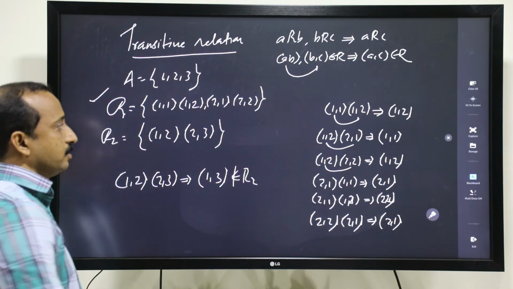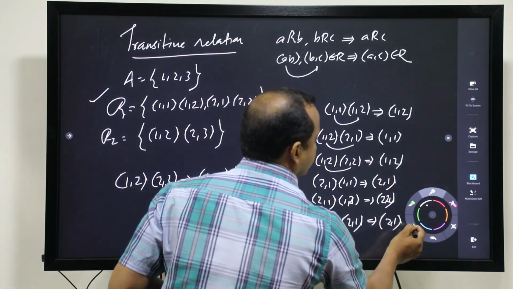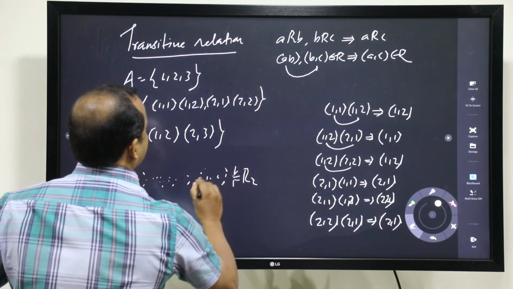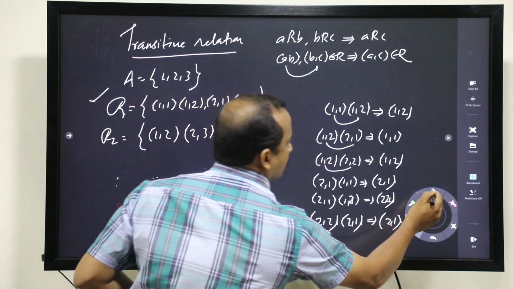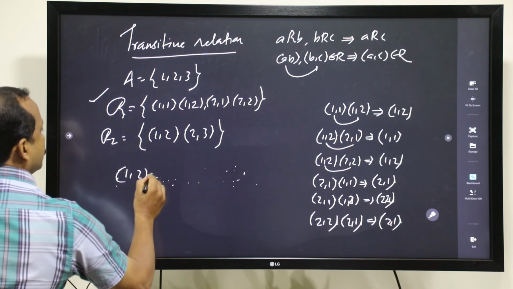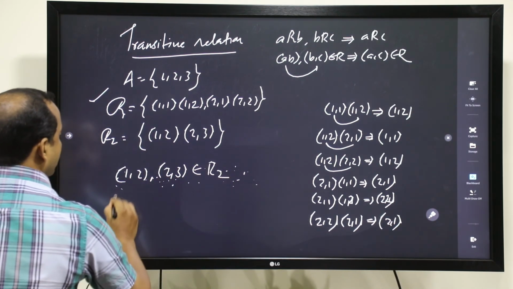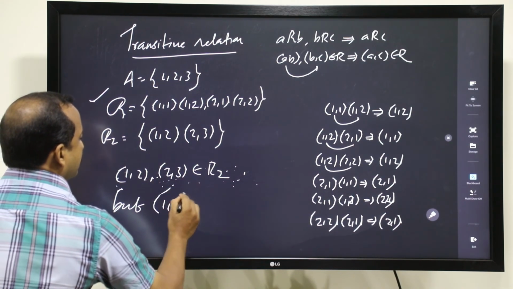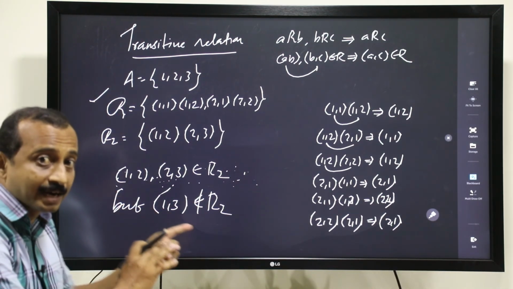But in R2, (1,2) and (2,3) are elements of R2, but their combined new pair (1,3) is not an element of R2, and therefore R2 is not transitive.